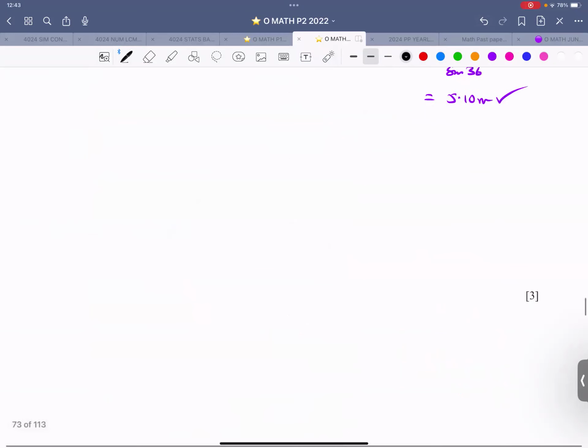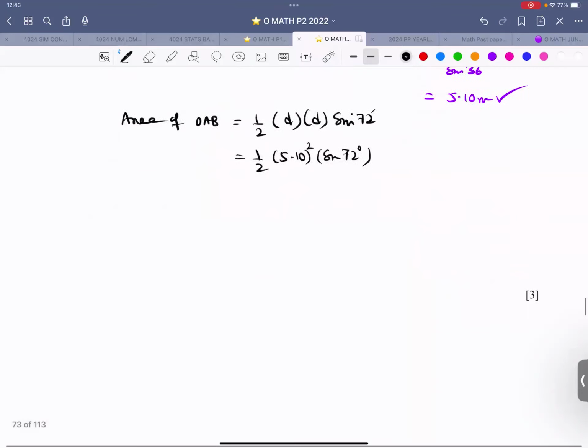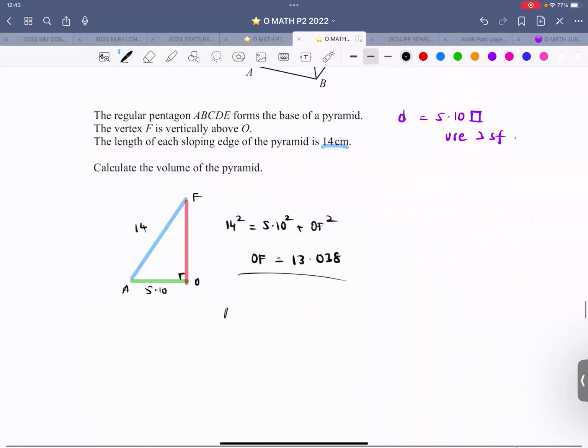Base area, what's the base area? Area of triangle OAB is half into base into height, or I can use half AB sine C. So half into D into sine of 72 degrees, so half into 5.10 square into sine of 72 degrees. This is the area of the base for the pentagon.